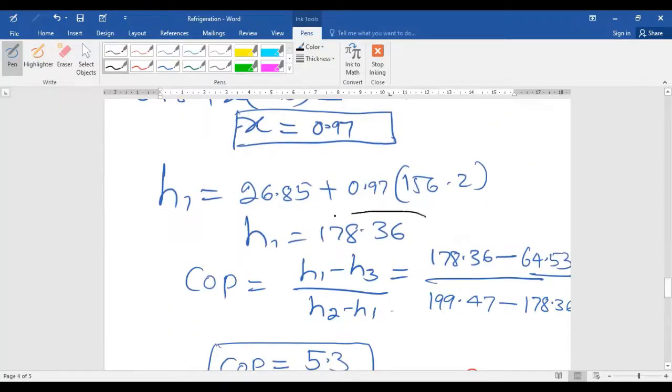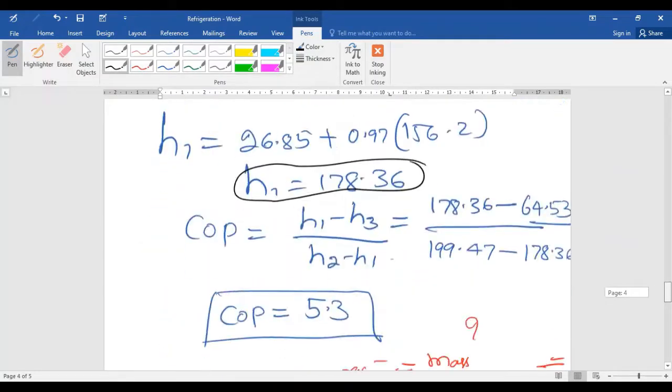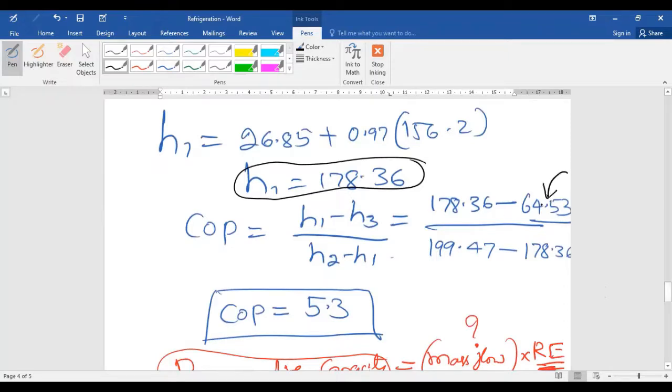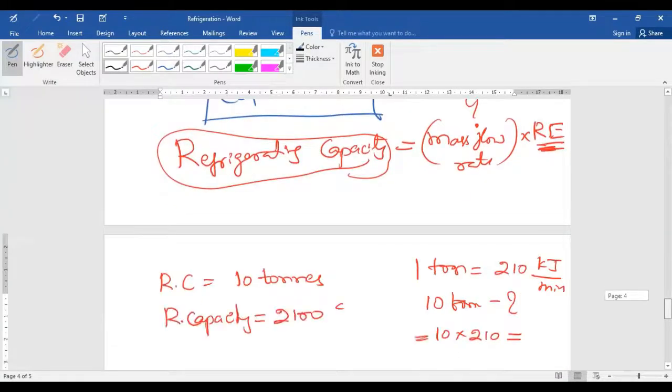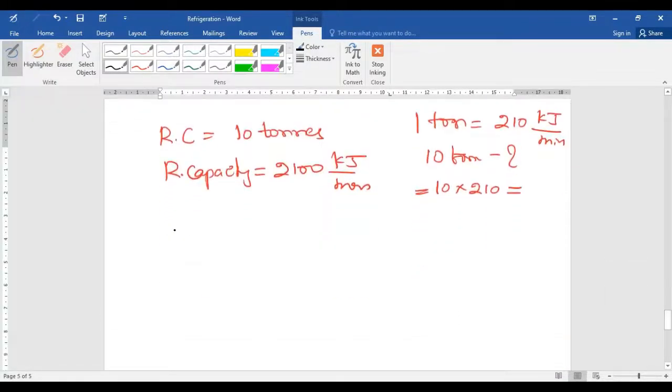H1 is here, already you have calculated this value, and H3 you have taken from the thermodynamic data handbook. That value we have already substituted here. 64.3 is the H3 value, the enthalpy at 3. Refrigerating effect is equal to H1 minus H3.